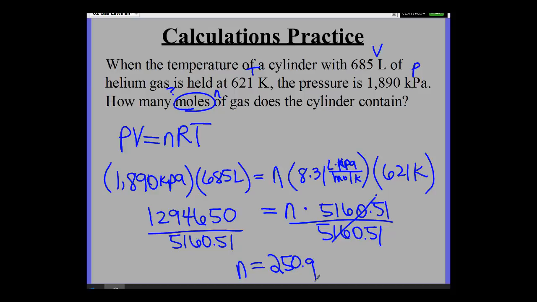And the units for N are always, what does N stand for? Mole. What number is this?